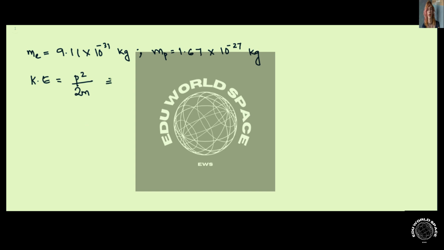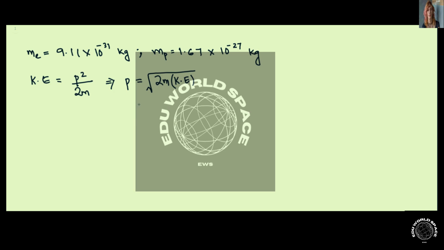And so my momentum will be equal to the square root of 2 times the kinetic energy. So this is a little bit messy, so let me make the bracket clear. Okay, yeah. So this is the momentum in terms of the kinetic energy of the particle.